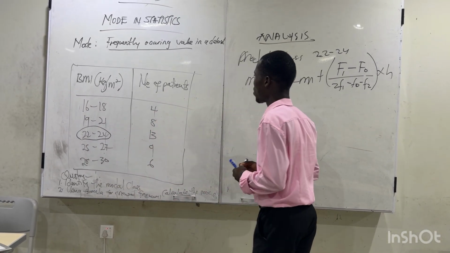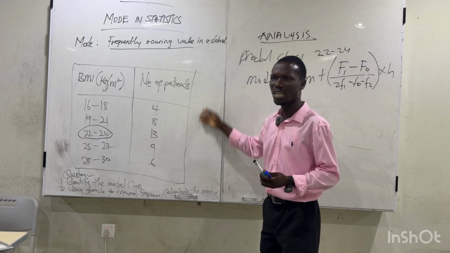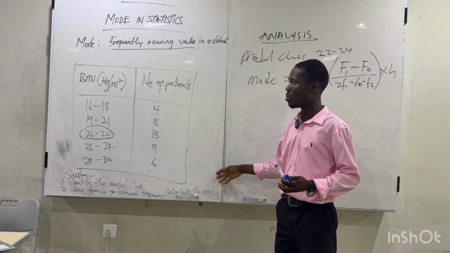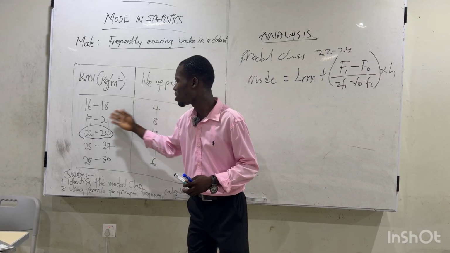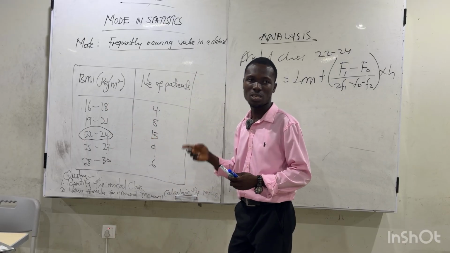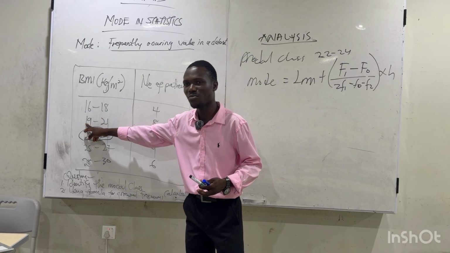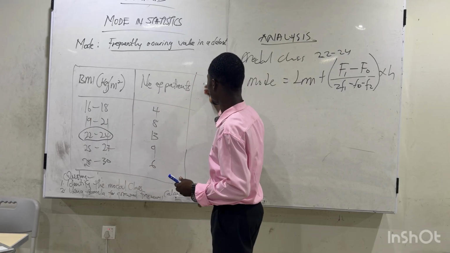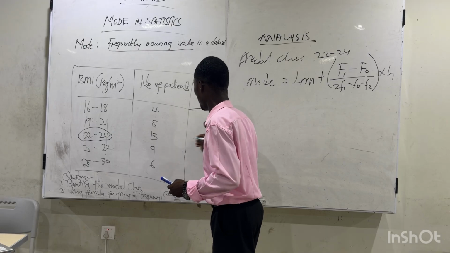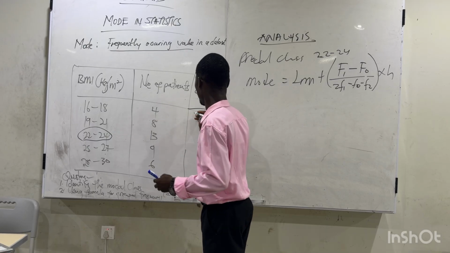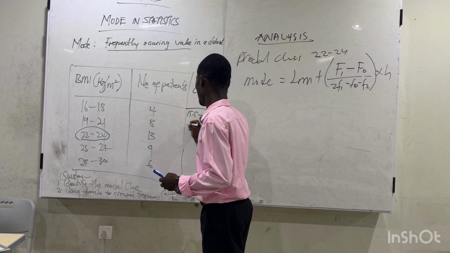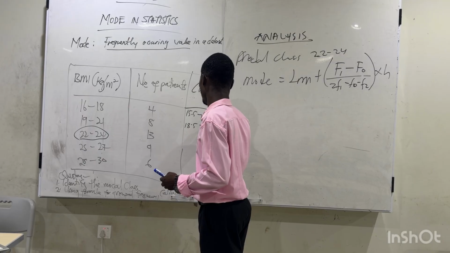Do you get it? Another person can make a table and include the class boundary, so that it becomes easy. Notwithstanding, to get a class boundary, you take this one minus this, divided by 2, which is 0.5. You subtract it from the lower limit and add it to the upper limit. So let's quickly add the class boundaries: 15.5 to 18.5, then 18.5 to 21.5.